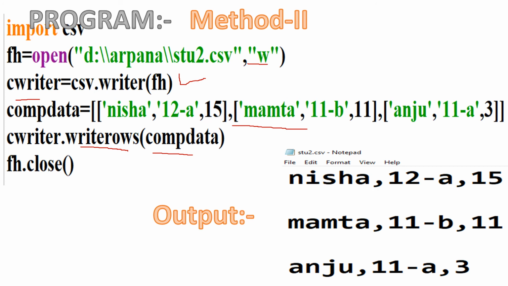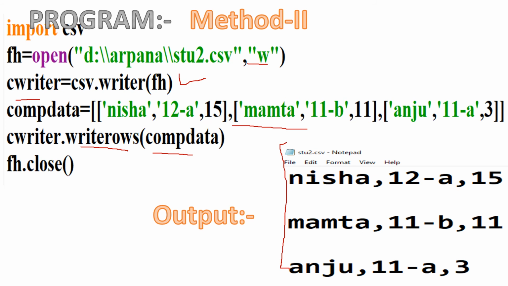If you read this file directly by opening it in Notepad, you will see a blank line in between because you have not used the newline argument here. So by default a newline character will be inserted between each line.